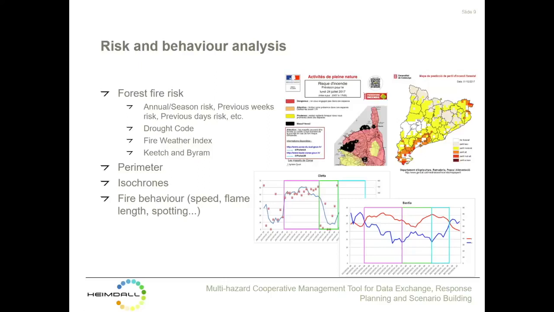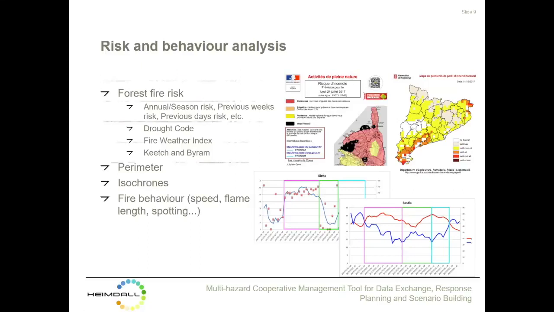Then you can also perform analysis of the evolution of the perimeter, the isochrones, and of course the analysis of the fire behavior that can be obtained, as mentioned, from the information of pictures.